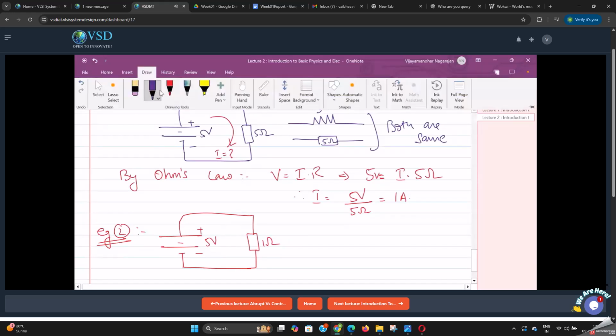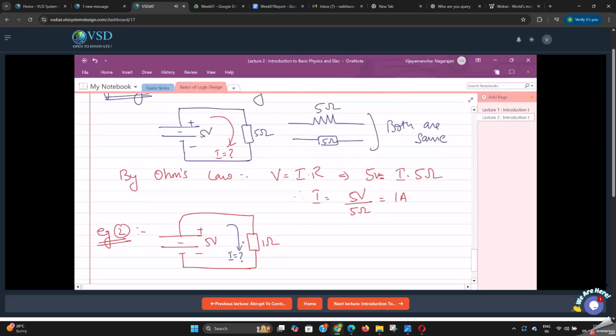What will be the current that will flow? Let us calculate. V equal to I into R. So I is equal to V by R. Implies I is 5 volt divided by 1 ohm, which is 5 amperes. Correct?